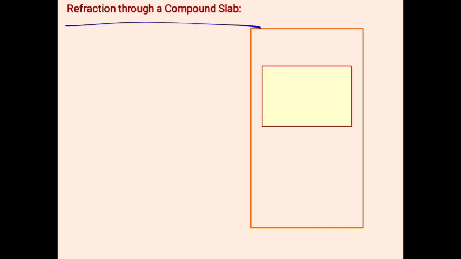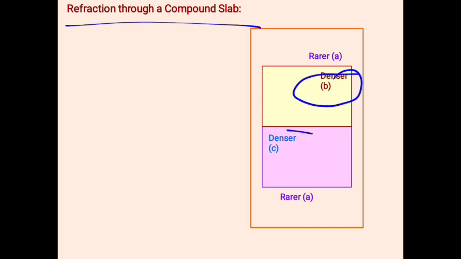Refraction through a compound slab. A compound slab means two different media: a denser medium and a rarer medium.